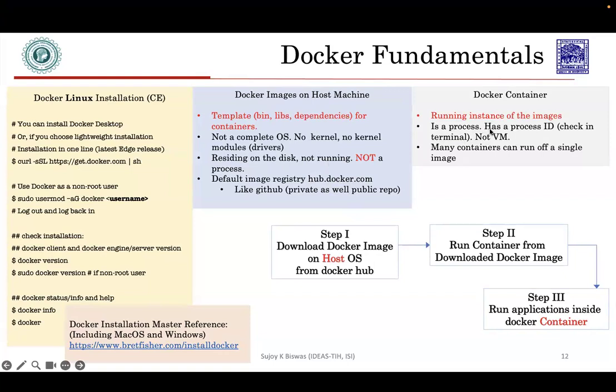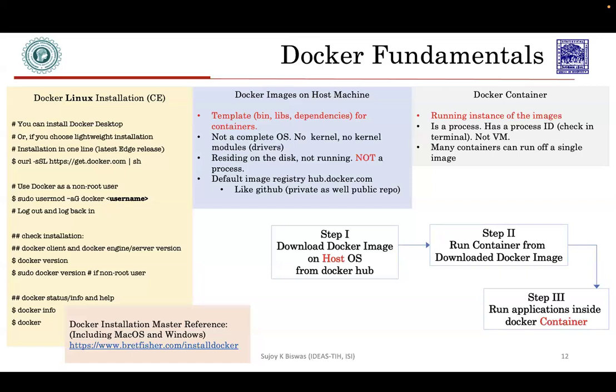It is a process, and it has a process ID. It is not a virtual machine. So you can run multiple containers from a single image. That is also possible. You downloaded maybe a single Ubuntu 24.04 image, and you run maybe 3 or 4 different containers from it. But the image is single.